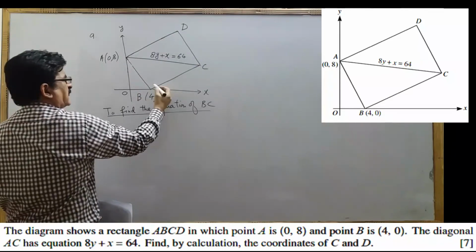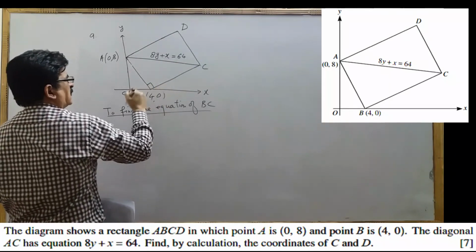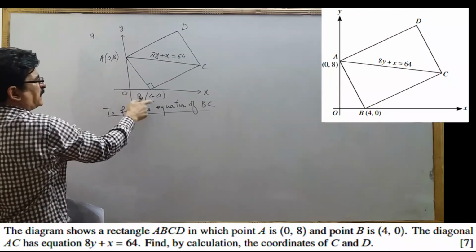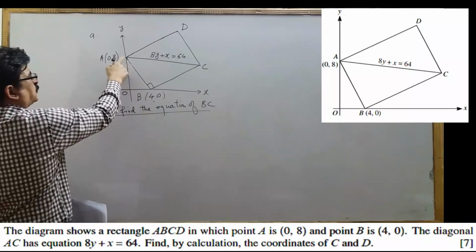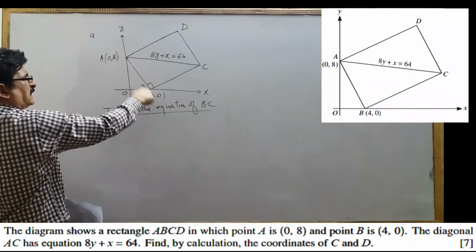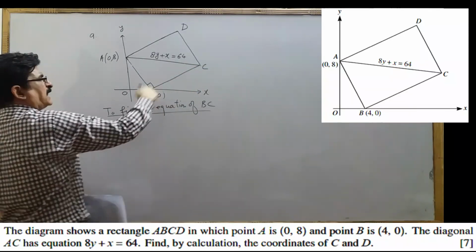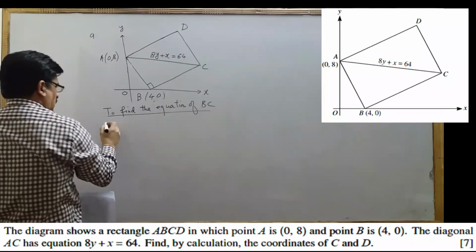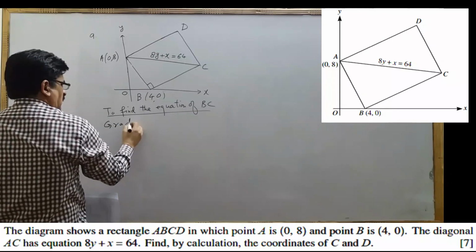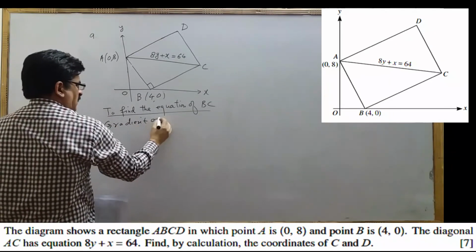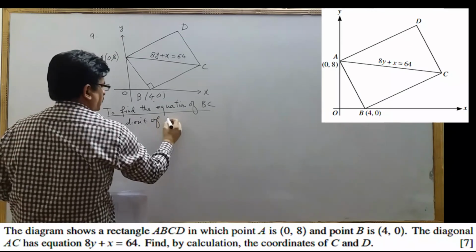Now this is a rectangle, this angle is 90. But we are given points A and B, so we can find the gradient of AB and then the gradient of BC. And then using this point, I'll write the equation of BC. So the first step is the gradient of AB.